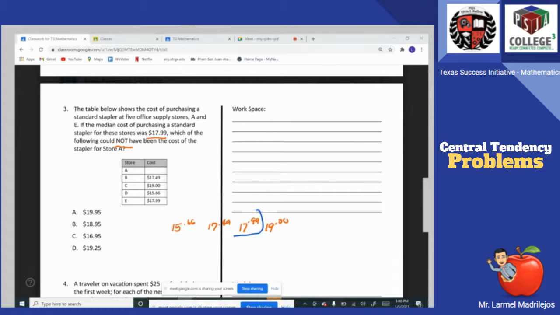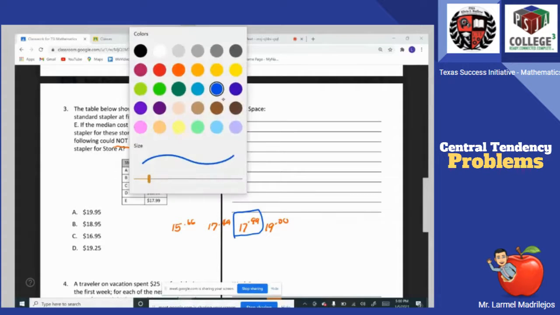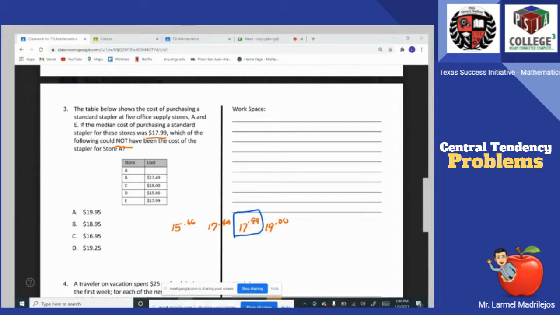This is the middle. So which is not a possible answer? Let's look at letter A, 19.95. It can be here, so that's good. It's still in the middle.